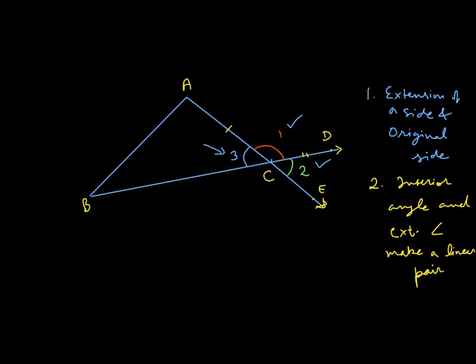That is the exterior angle and the interior angle. Here you can see angle 1 and angle 3. Together they are making a straight line, this line BD. So clearly 1 will be the exterior angle.